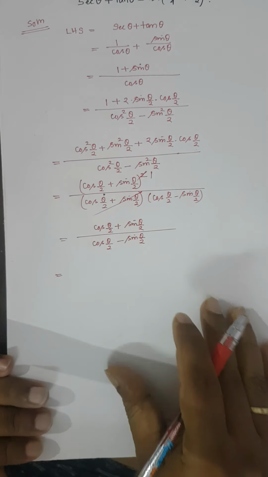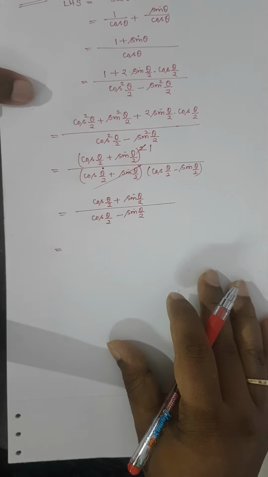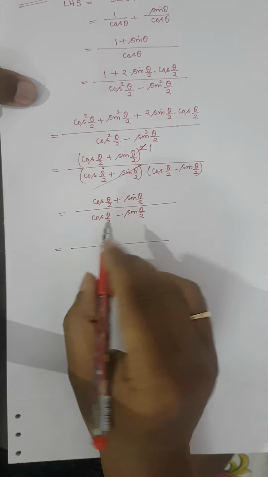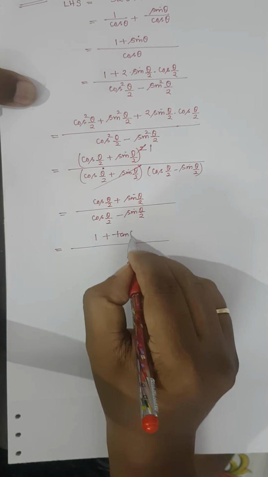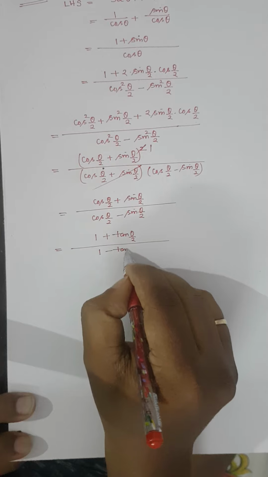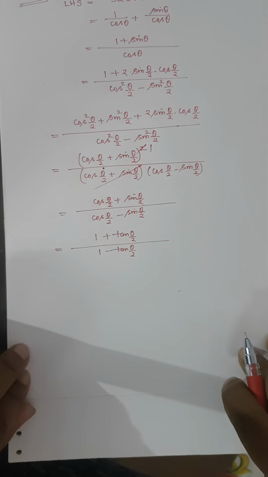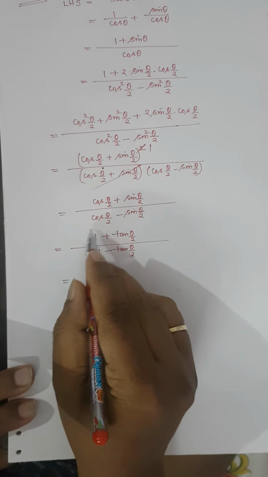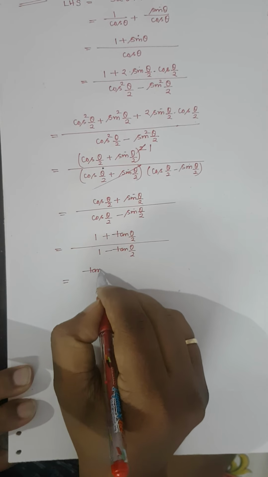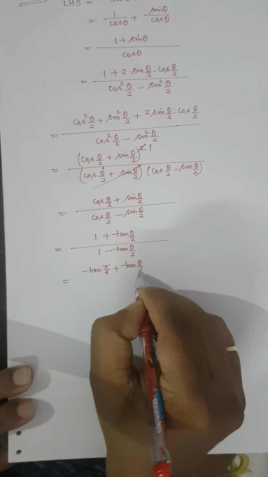See, in the numerator and denominator, if I divide by cos, I will have cos by cos, this is 1, sin by cos, this is tan, and the denominator is again 1 minus tan theta by 2. See, we can write 1 is equal to tan pi by 4. The value of tan 45 degrees is equal to 1. So 1 can be expressed as tan of pi by 4 plus tan theta by 2.